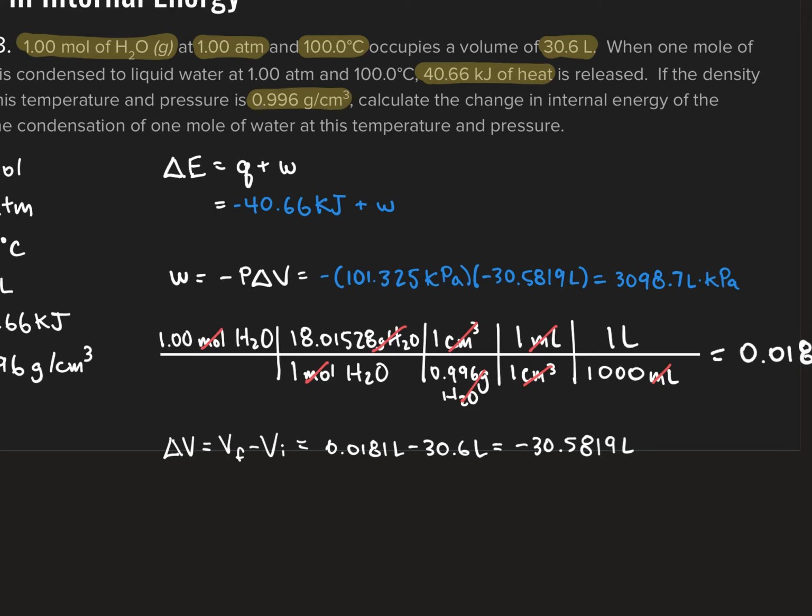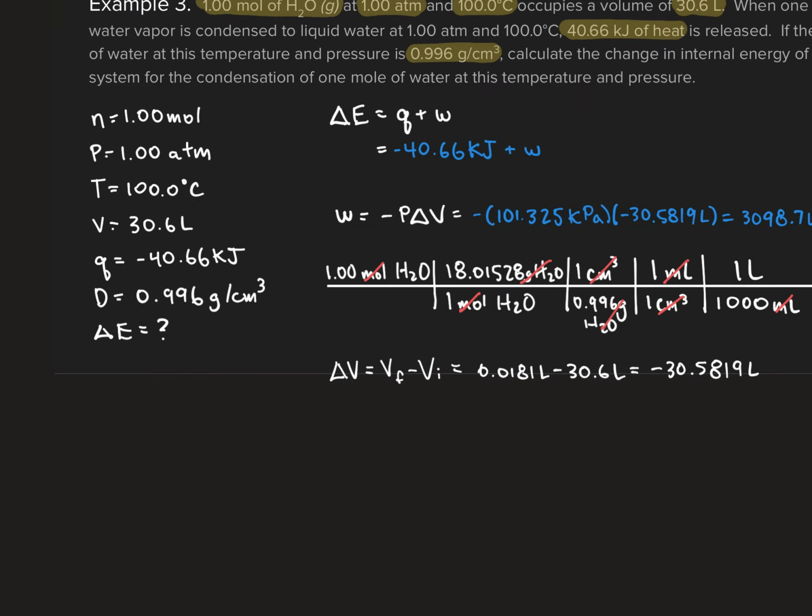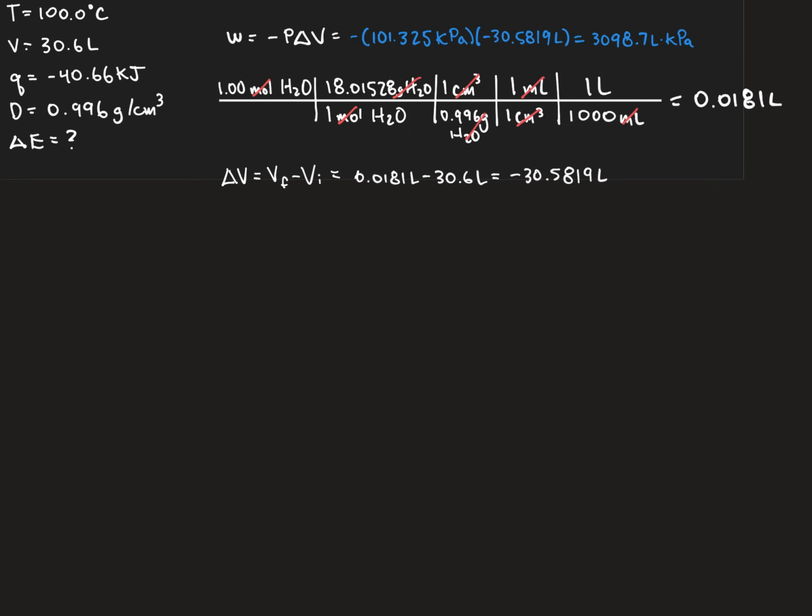Now, let's take a look at why I use those units of kilopascal rather than sticking around in units of atmospheres. Recall a kilopascal is simply 1,000 pascal. And remember, a pascal is the international system unit of pressure, which by definition then is a Newton per square meter. So a kilopascal then is therefore 1,000 newtons per square meter.